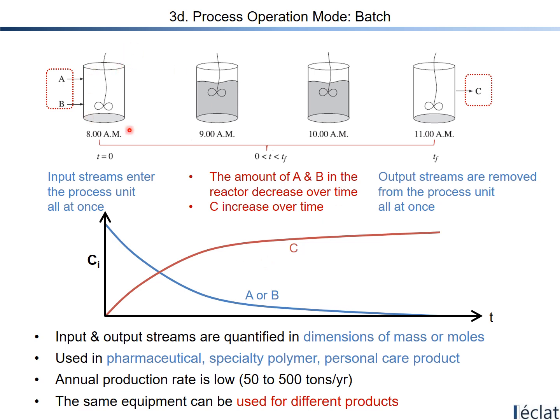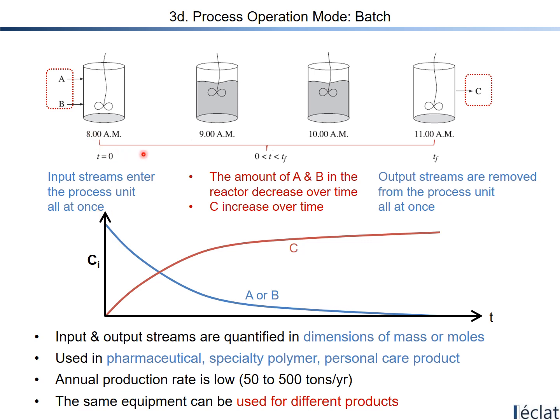Here is a chamber, like a beaker, and some agitator to mix reactants. At time equal to 0, I pour all of the reactants A and B into the chamber and then close the cap. Again, input streams enter the process unit all at once and then start the reaction.